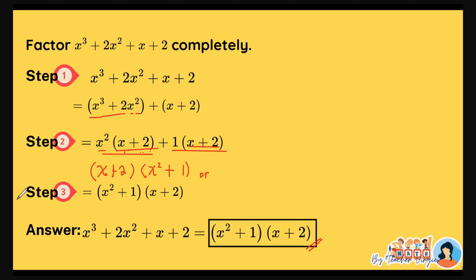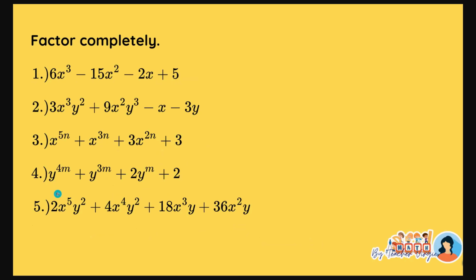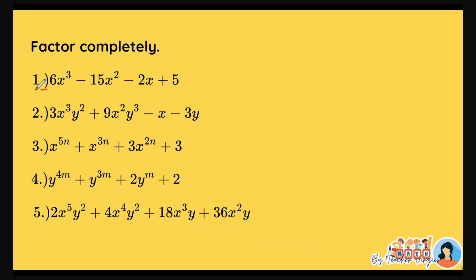Okay, so let's start with my exercise. The first one is 6x cubed minus 15x squared minus 2x plus 5. As you can see here, it's already prime, so that means we can group this one and also this one. Okay, let's try.